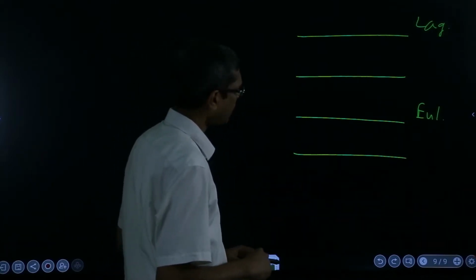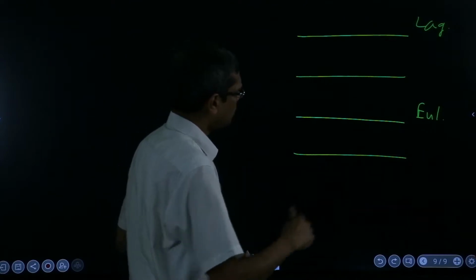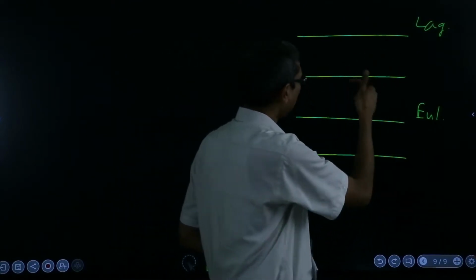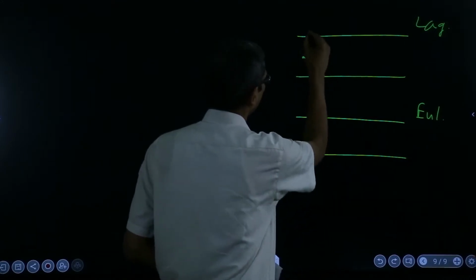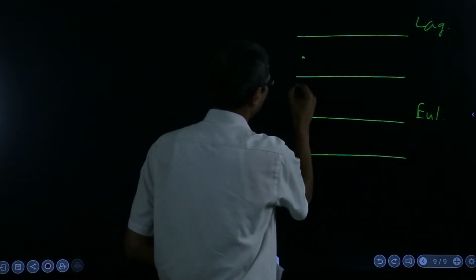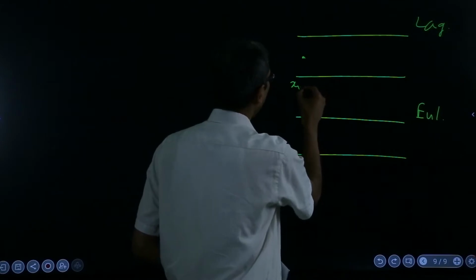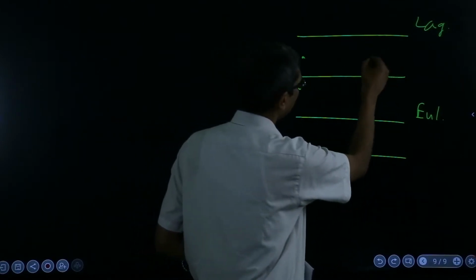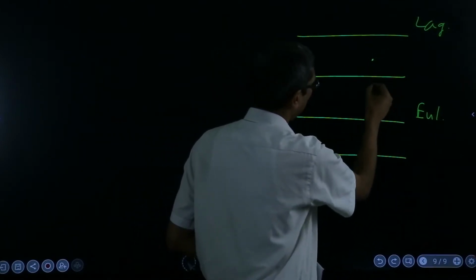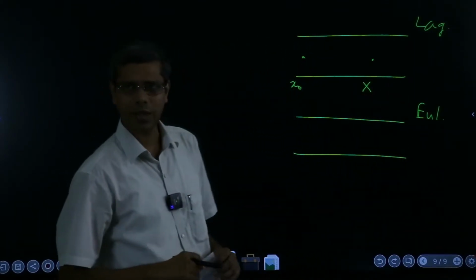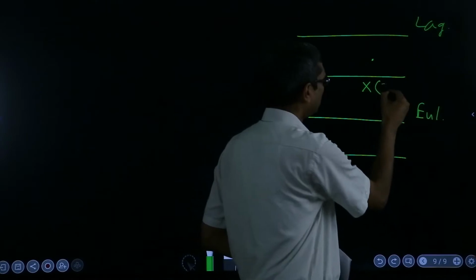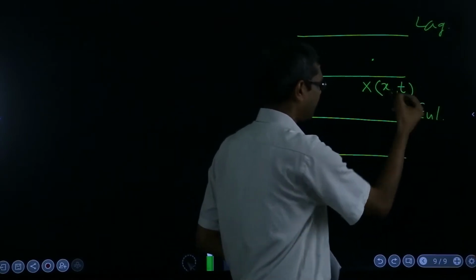Now, in Lagrangian, suppose there is a point here with the x coordinate being x naught, and after some time it has gone to the position capital X, which will be a function of x naught and t.